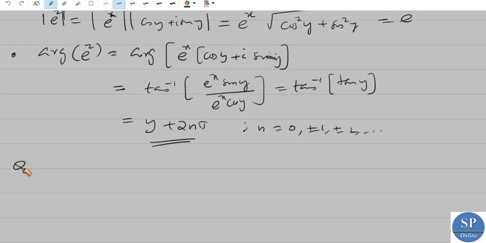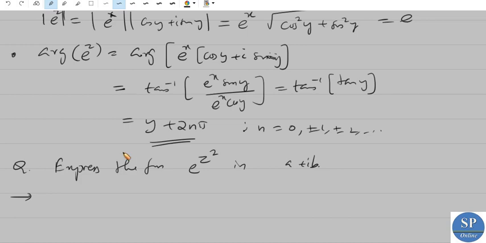Okay, now we can solve a problem. Express the function e power z square in the form of a plus ib. E power z square നമ്മൾ a plus ib യുടെ ഫോമിൽ എങ്ങനെ എഴുതാൻ പറ്റും എന്നാണ് ക്വസ്റ്റ്യൻ.